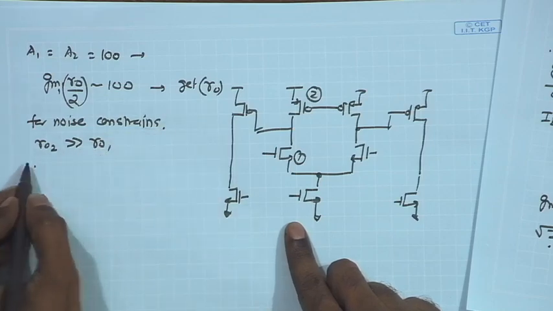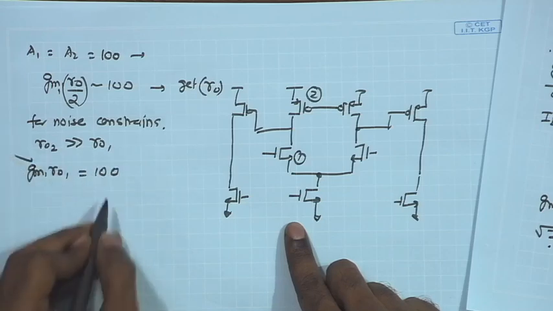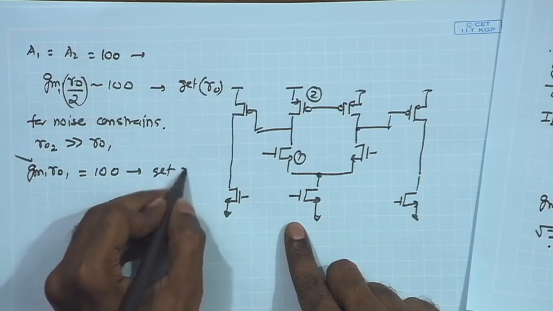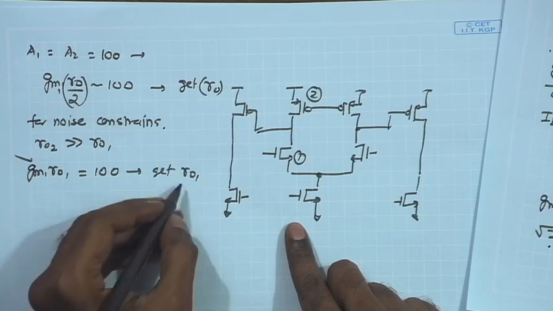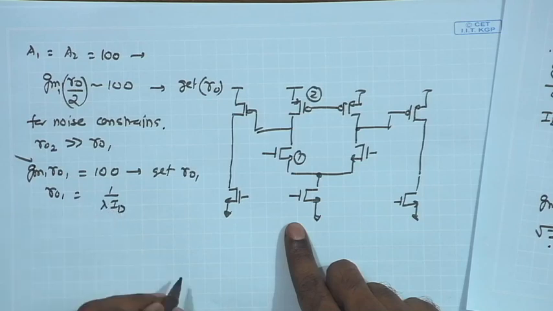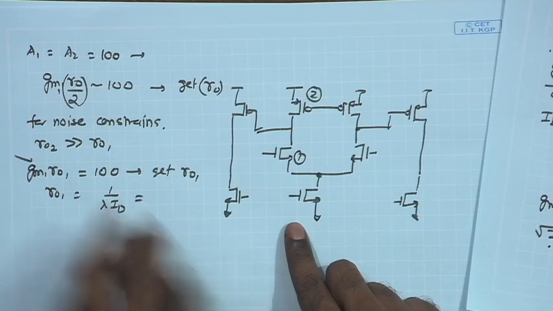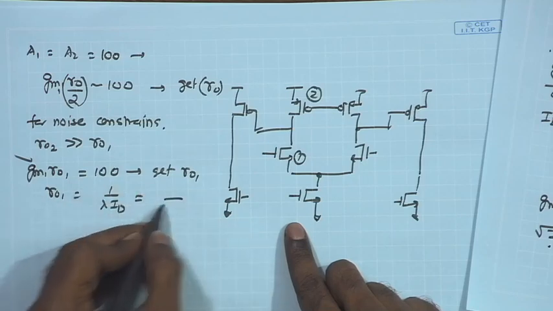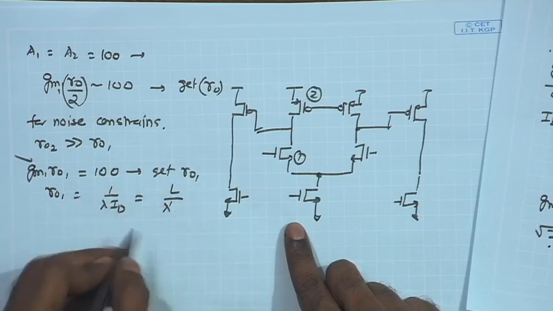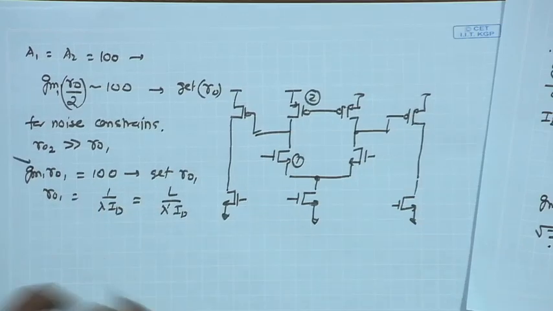So, this gives me GM1 RO1 equal to 100, and with the known value of GM1, I can get the value of RO1, and we know that RO1 is equal to 1 upon lambda ID, which also depends upon the channel length. If you remember, we discussed in the very beginning while discussing the device concepts that lambda can be expressed as lambda dash upon L. So, if your channel length is larger, the effective small signal resistance increases.